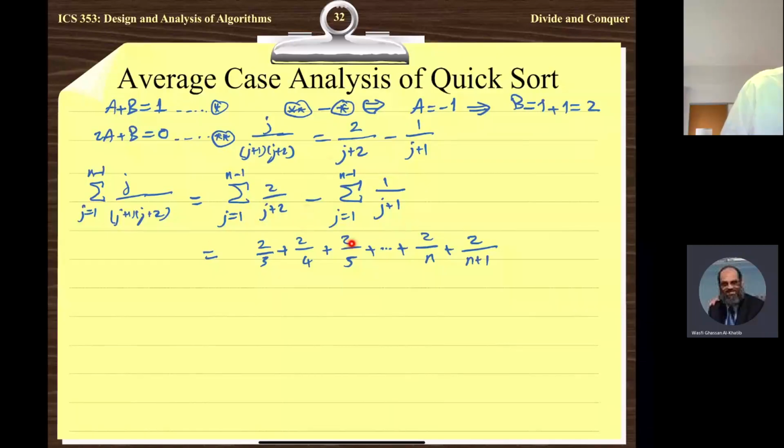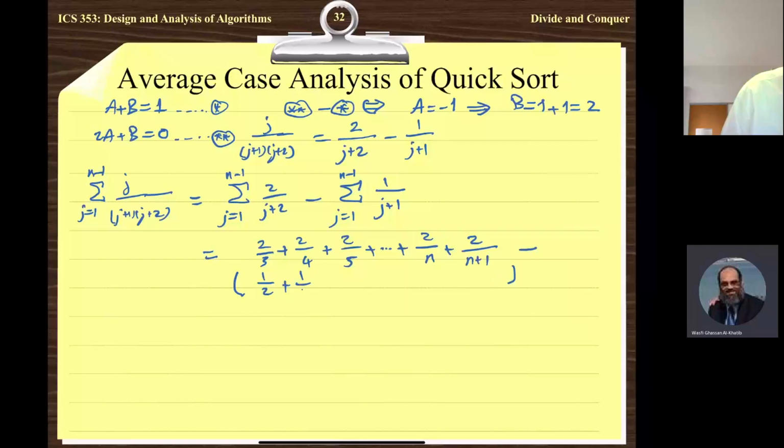Now let's look at the second summation. I'm going to say minus, and let me put the second summation in brackets. 1 over j plus 1, starting from j equal 1. So this will be 1/2, right? Plus, since I already have the minus, I can just write pluses here.